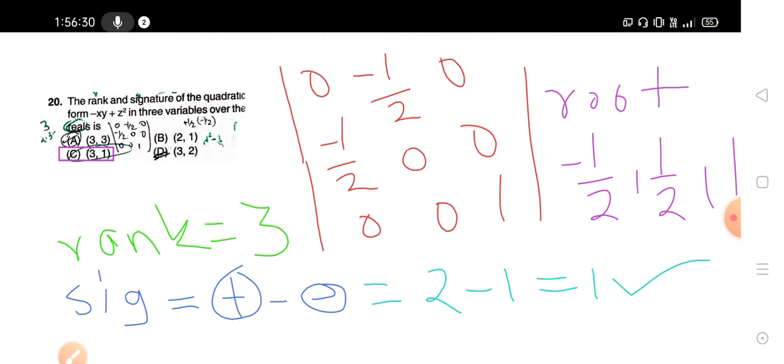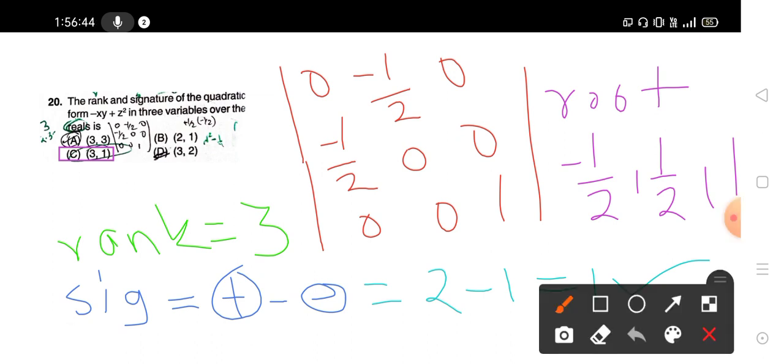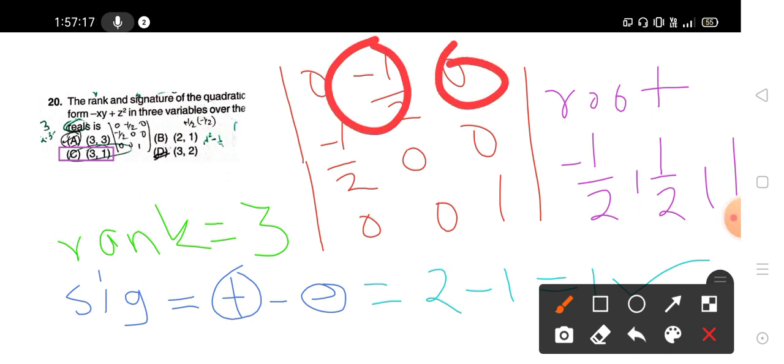Next question. The rank and signature of the quadratic form minus xy plus z square in 3 variables over the reals is. Here given minus xy, that is written as minus 1 by 2 and here 0, and z is given as 1.